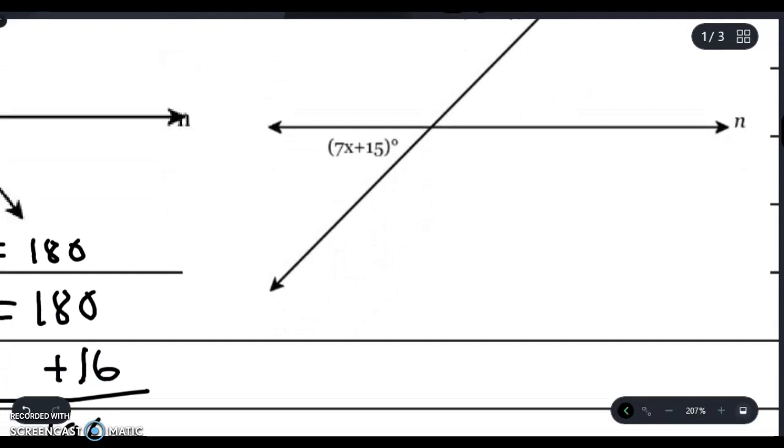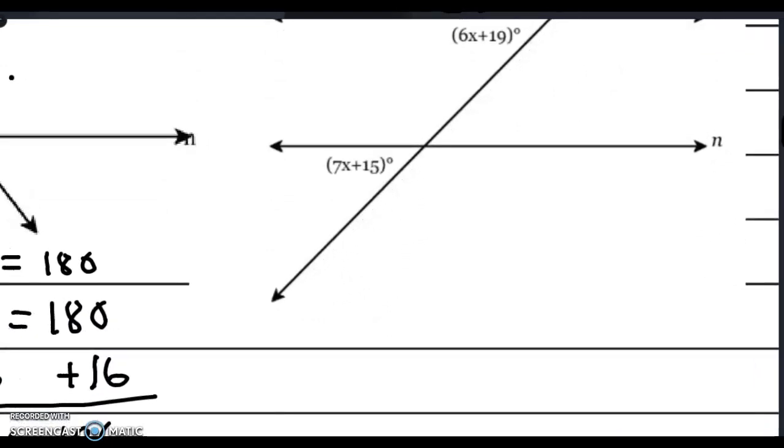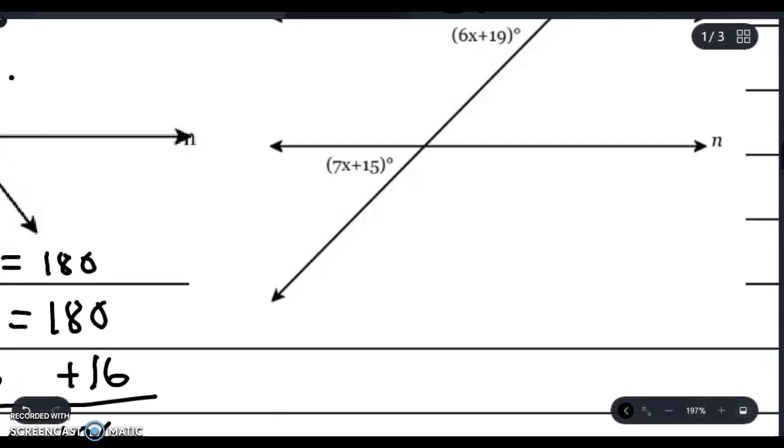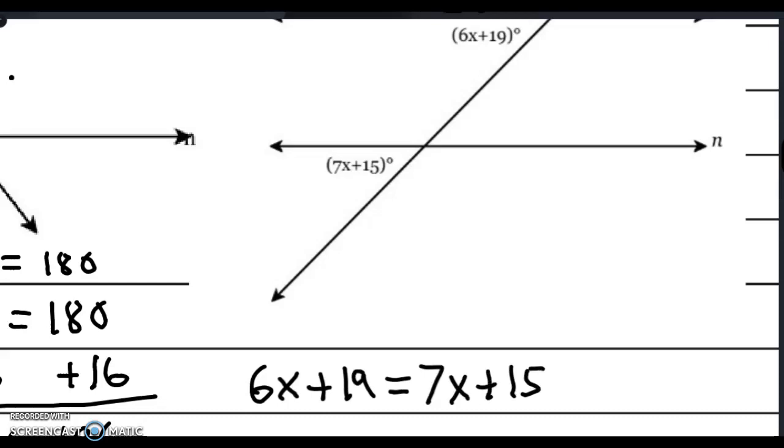I'm going to come way down here and set these two equal to each other. So I have 6x plus 19 is equal to 7x plus 15. And because I have two acute angles, or if there's two obtuse angles, it's the same thing. They're going to be equal to each other.